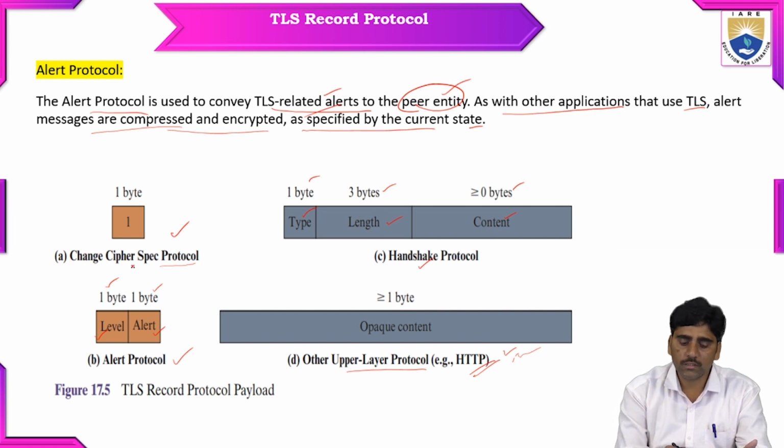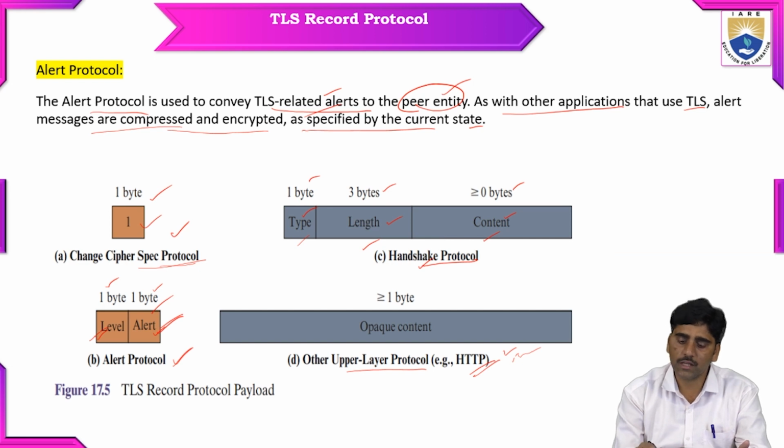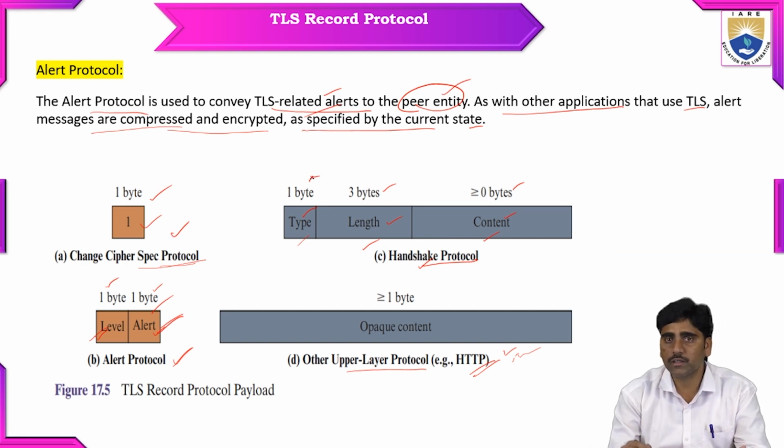So the change cipher spec protocol contains one field, which is 1 byte. Similarly, the alert protocol has two fields, level and alert, each 1 byte. And similarly, the handshake protocol has three fields: type, length and content, with sizes 1 byte, 3 bytes and greater than or equal to 0 bytes.